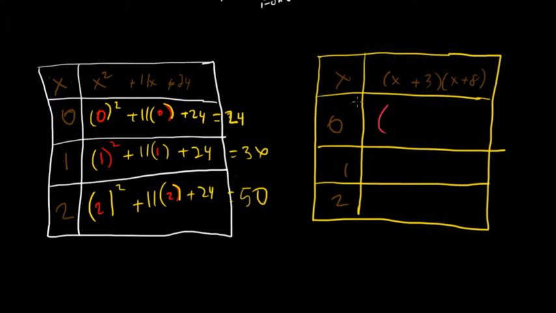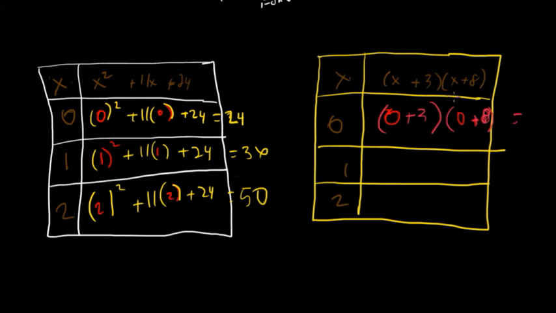So we'll put a 0 plus 3, multiply times 0 plus 8. Okay, so this will be 0 plus 3, which would be 3, and then 0 plus 8, which will be 8.